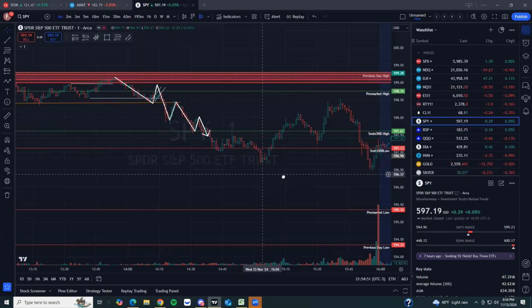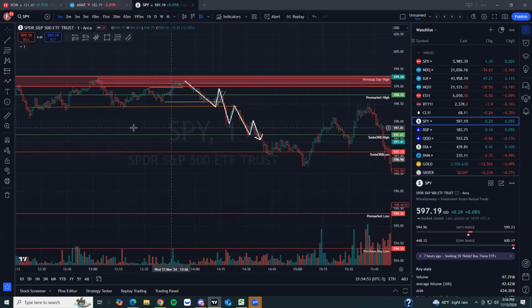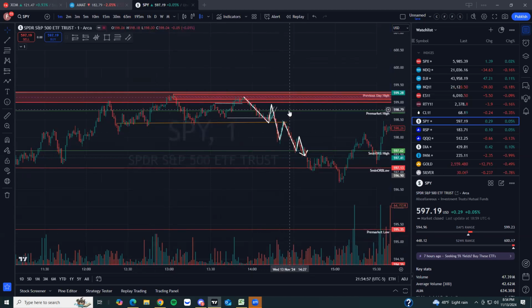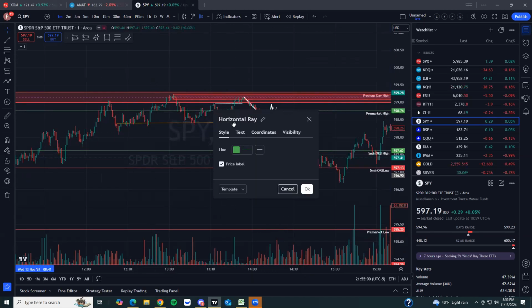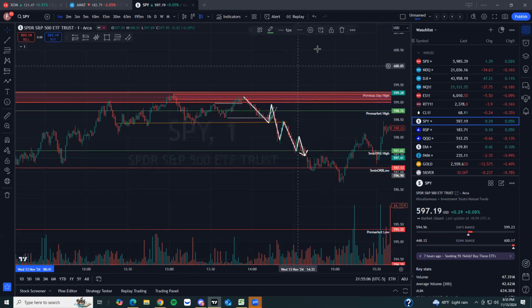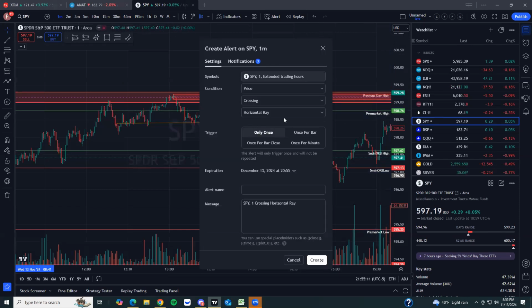Don't sit there and stare at charts. You know, another thing for some of you guys who may not be familiar with TradingView or some of the things, once you mark those lines, you can set up alarms on these. So I have clicked this one. You can click here.